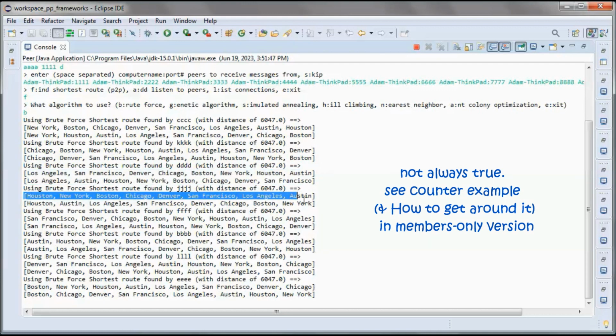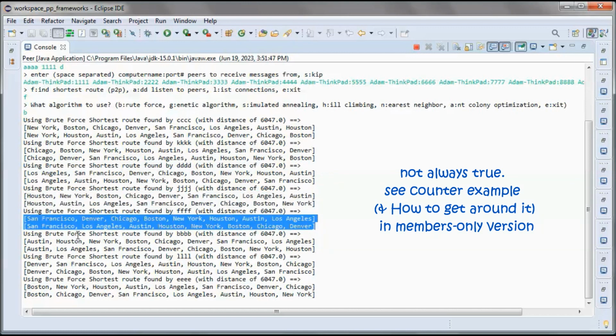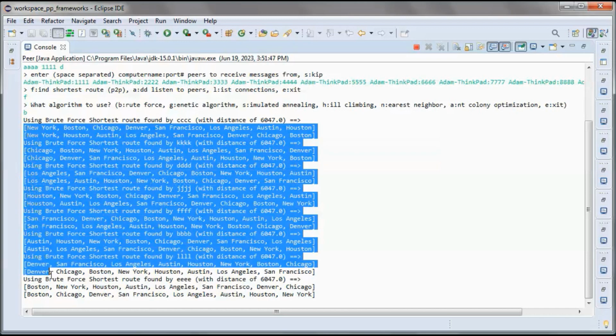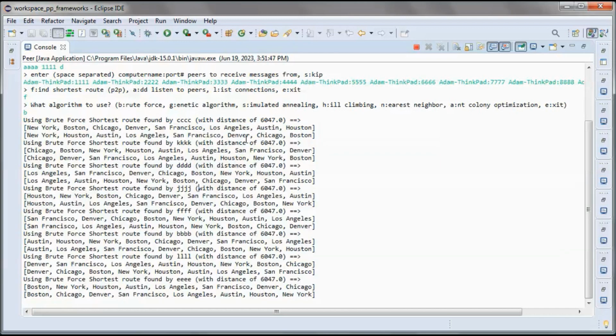And they end up all being the same or equivalent. So if we start from Austin, Houston, New York, it's the same as Austin, Houston, New York, Boston. Or we can go Austin, LA, San Francisco, etc. And same for the other. So we ended up with 16 routes.